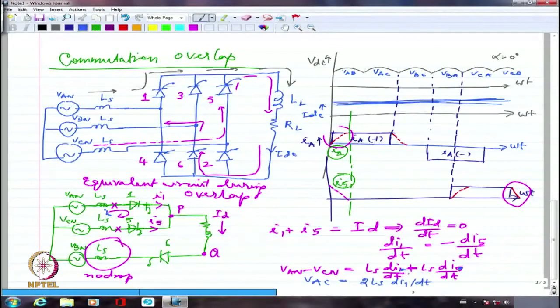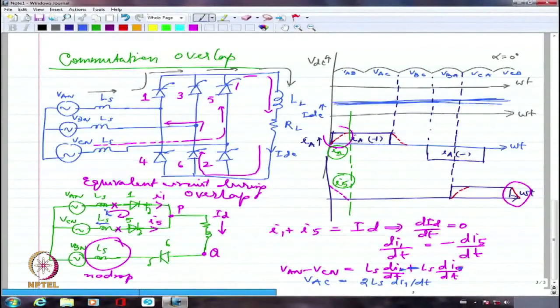The current is in the opposite direction, since we are taking this current in the direction opposite to that of I5. So this has to be minus. So I will get VAC equal to 2LS into di1 by dt.